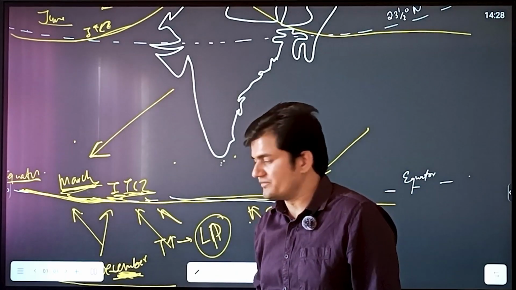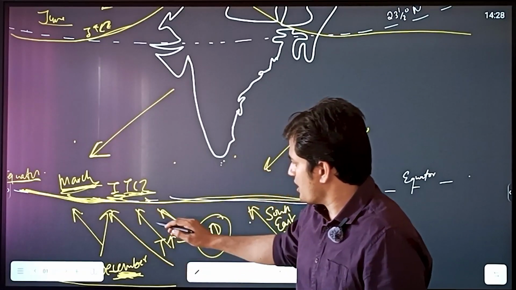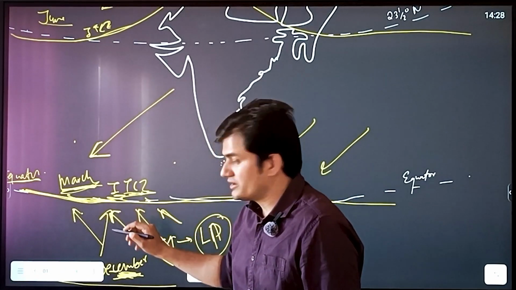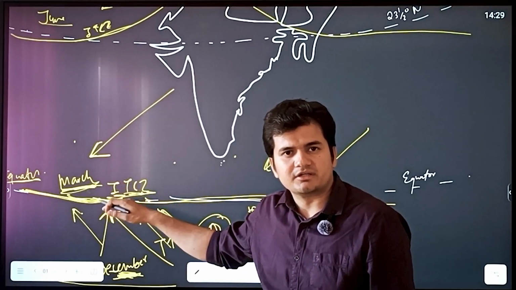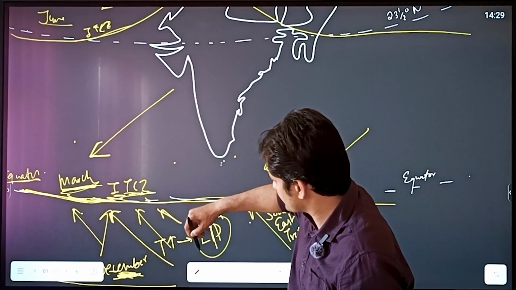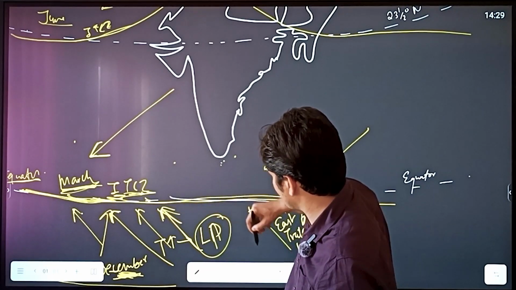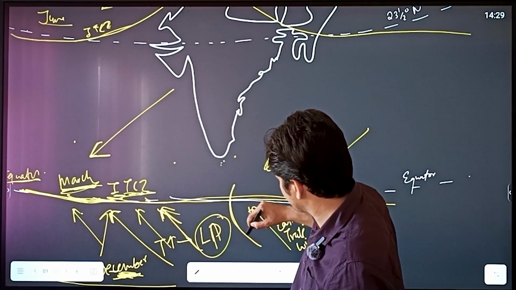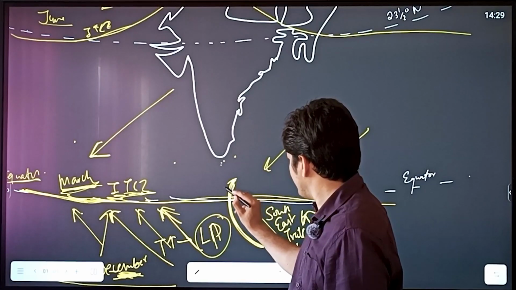The southeast trade winds start to climb up like this. When they reach the equatorial region, what will happen? The Coriolis force at the equator is almost zero. This is a separate topic which we can discuss later. This Coriolis force will be zero at the equator, and these winds start to rise up toward the northern hemisphere.